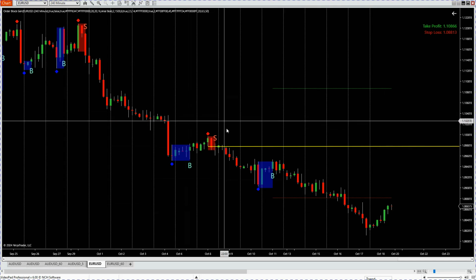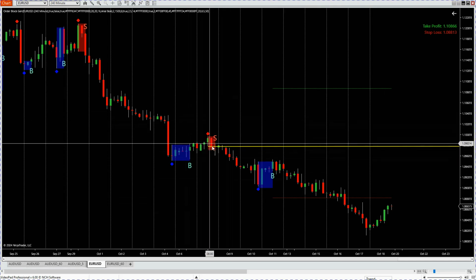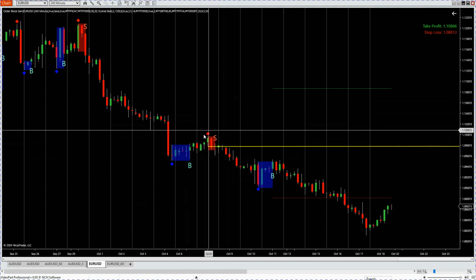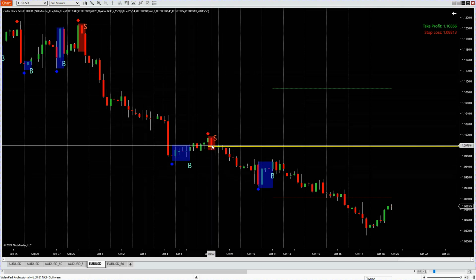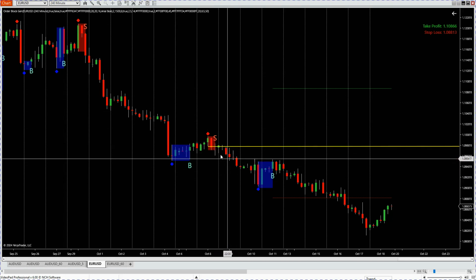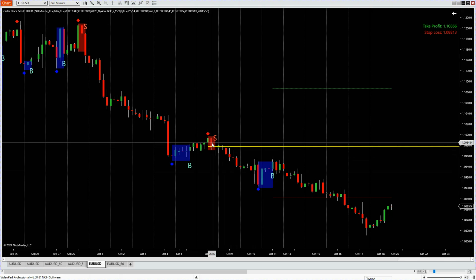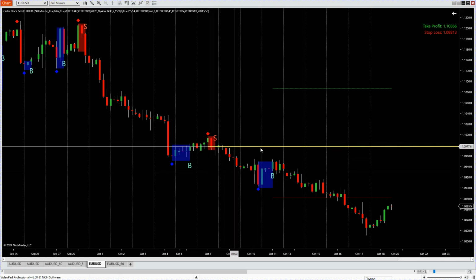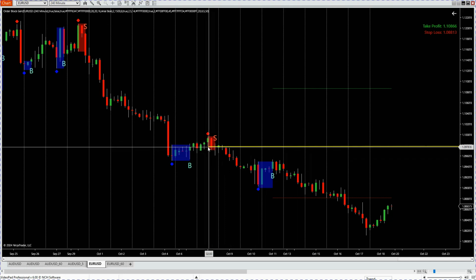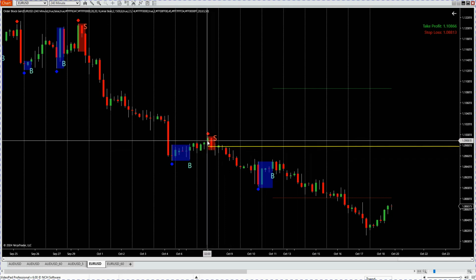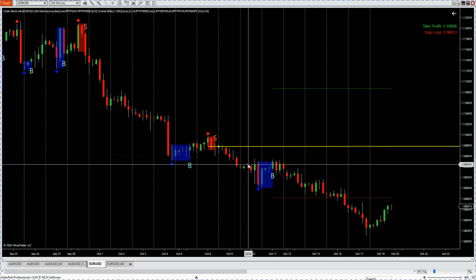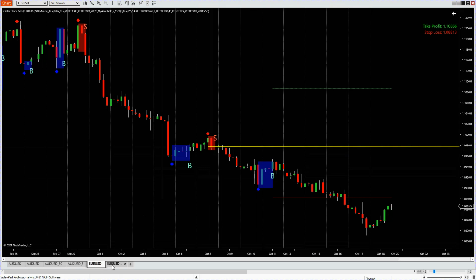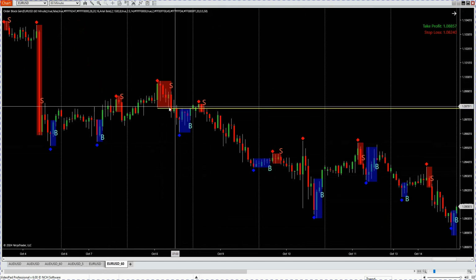Here we'll take a look at an example of a bearish block. We have a bearish block here on a 240 minute, that's a 4-hour time frame, and you see that we have a down move after the block here. We'll do the same thing: we'll place a line at the low of the first candle on the block, and then we'll look at the 60-minute, and we see the same type of effect.